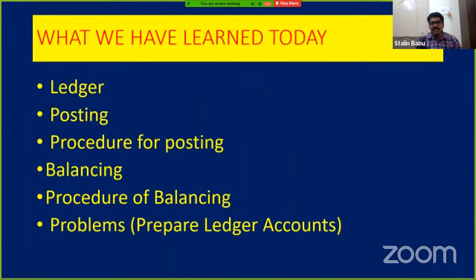So what have we learned today? Today we learned what a ledger is. Ledger is a book in which we record all types of accounts. The combination of all the accounts is called ledger. What is posting? Posting is the process of transferring journal entries from the journal book to the ledger book in their concerned account.